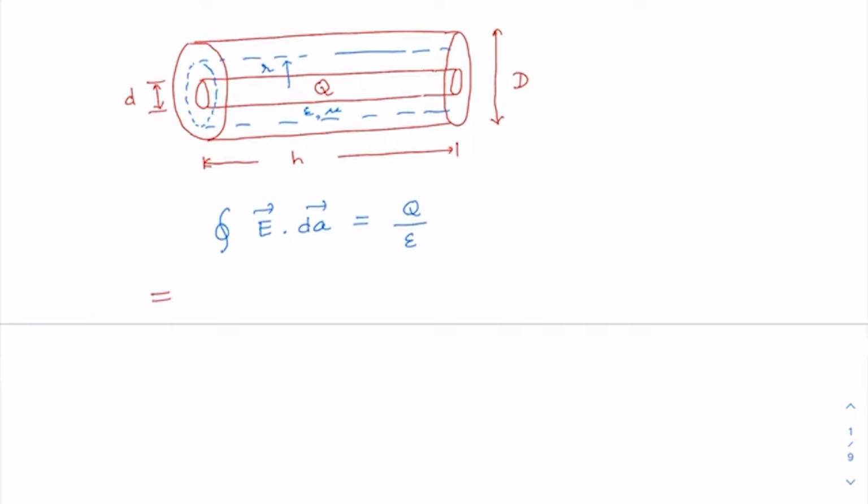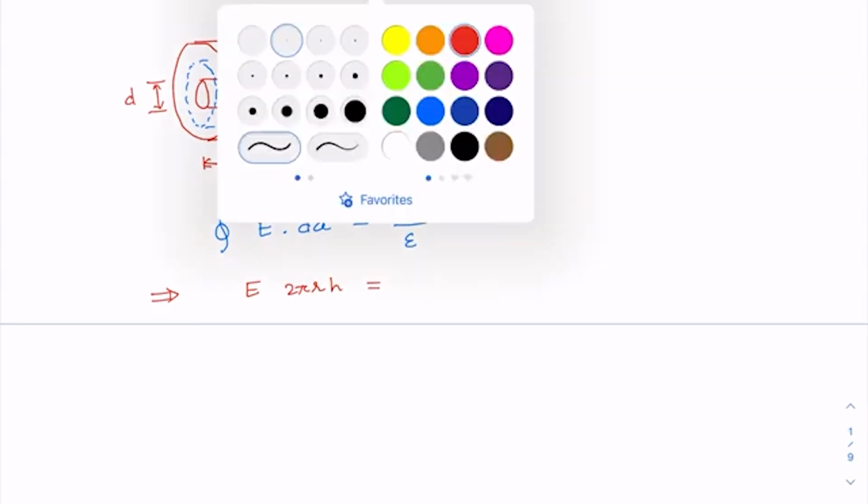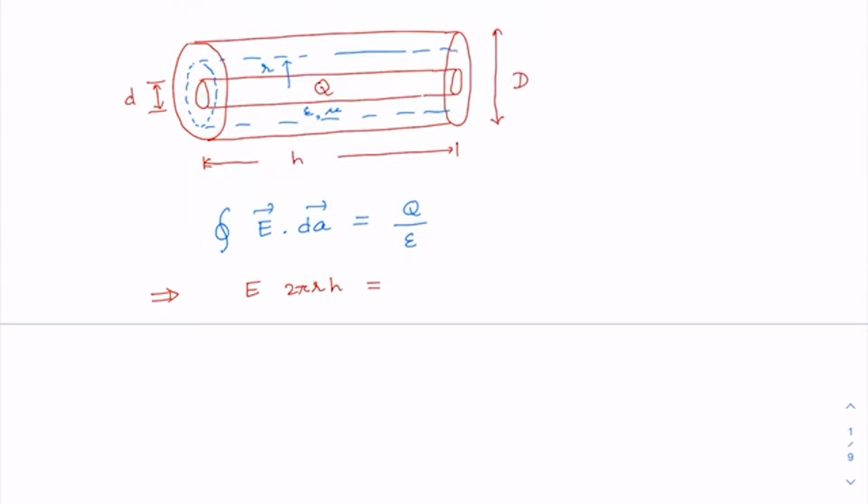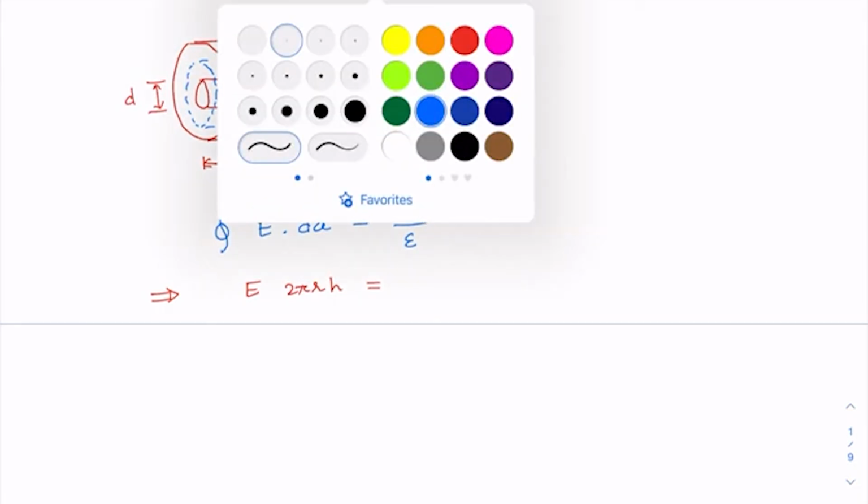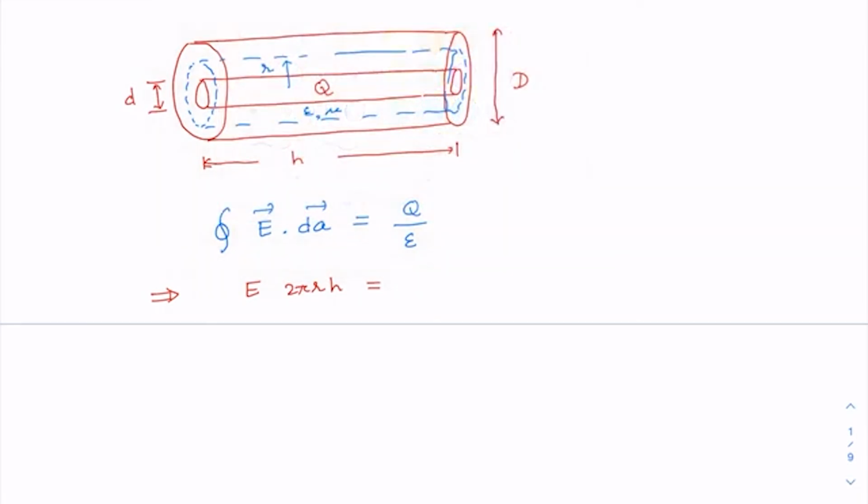Then here we will have E into 2 pi r h. Just look at the Gaussian cylinder here. Then you have Q by epsilon, and you know that the electric field would be Q divided by 2 pi r h epsilon.